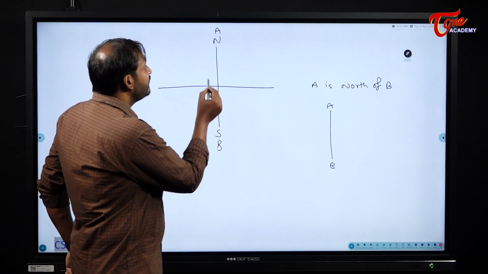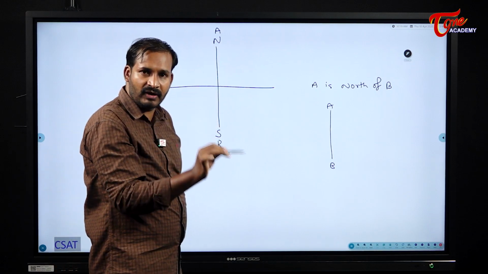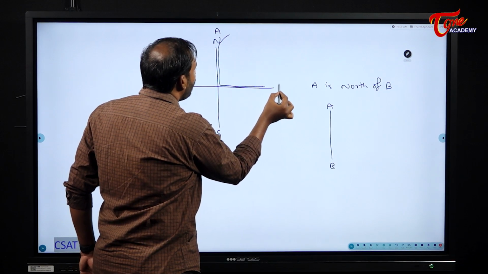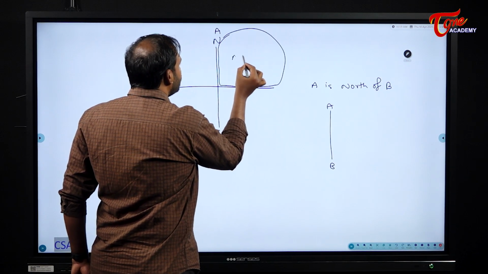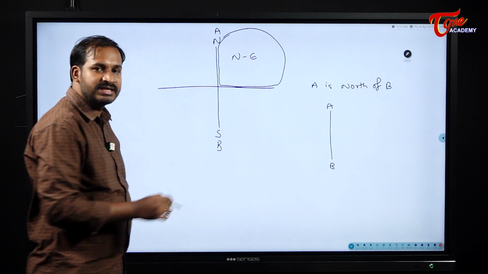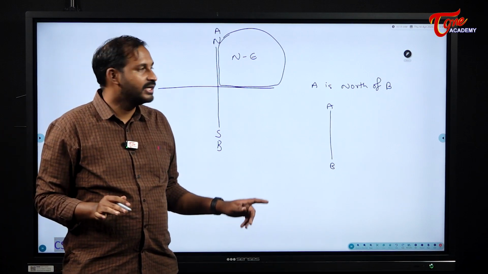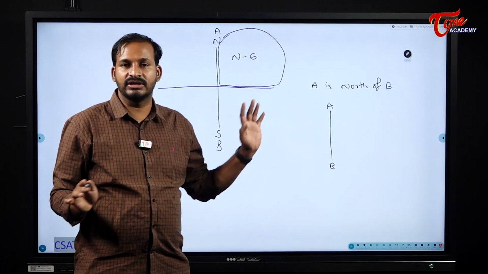If they deviate by even 0.001 degree, all this area comes under northeast. Until and unless they are in a straight line, only then will we say north, south, east or west.